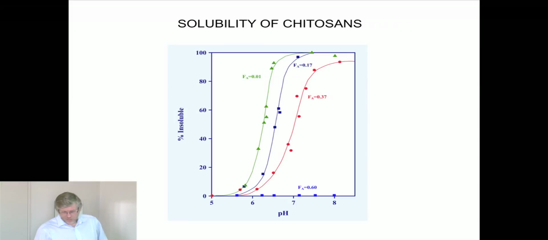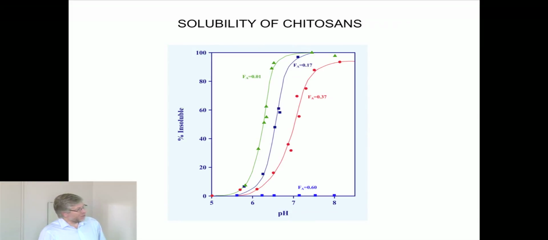And that is a problem because, as I mentioned, cell biologists and others would like to work at pH 7.4 and still have a soluble chitosan. We discovered that Fa around 0.4 and up to 0.6 became more soluble.